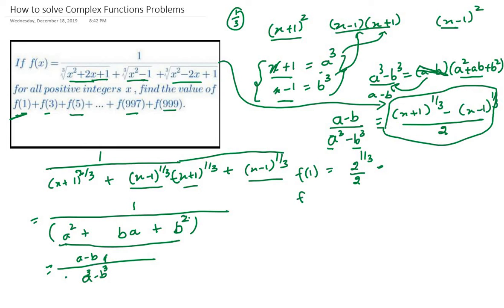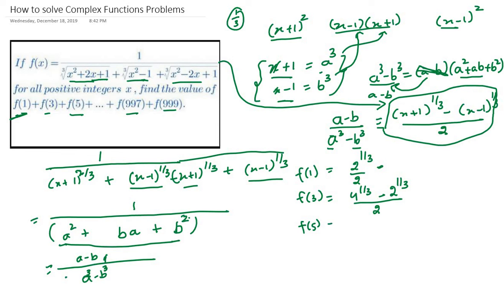And f of 3 will be 4 raised to power 1 by 3 minus 2 raised to power 1 by 3, and the denominator is the same throughout, 2. Are you seeing some relation here? This 2 raised to power 1 by 3 will cancel out.